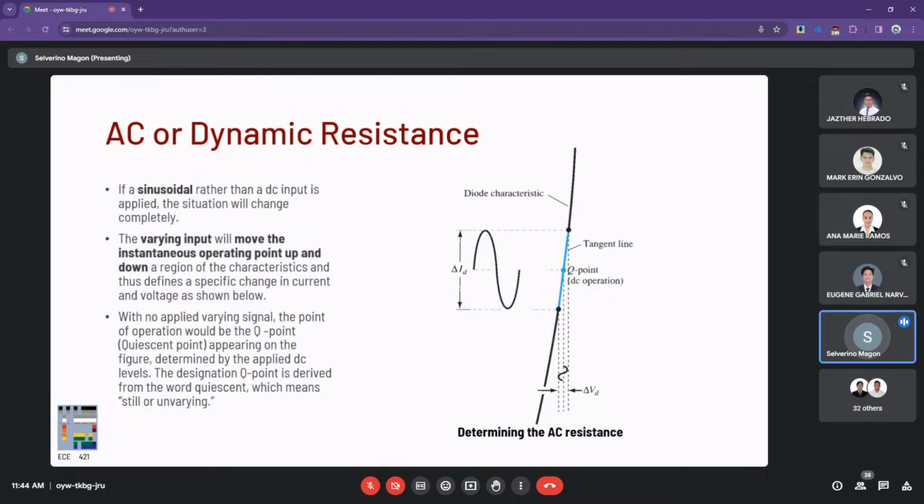I think you can imagine having a sinusoid wave superimposed on a DC, then you can have that fluctuating DC.